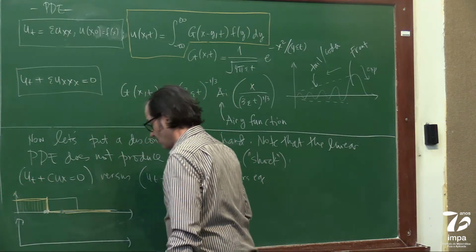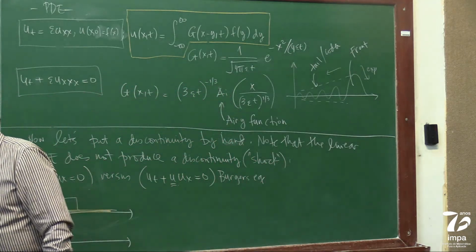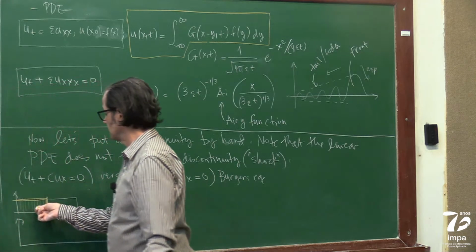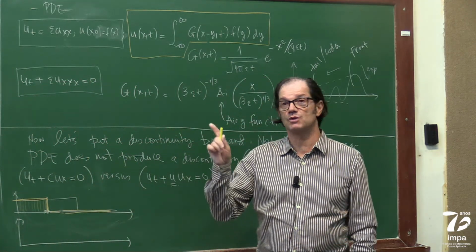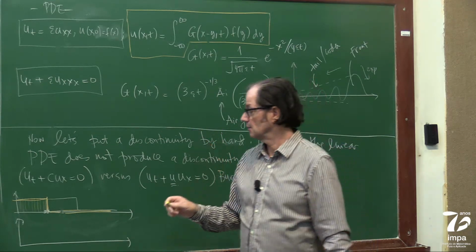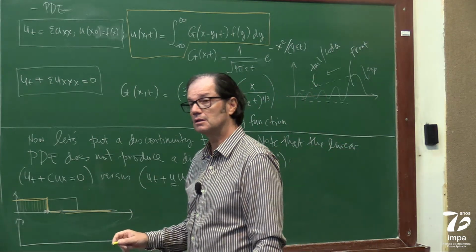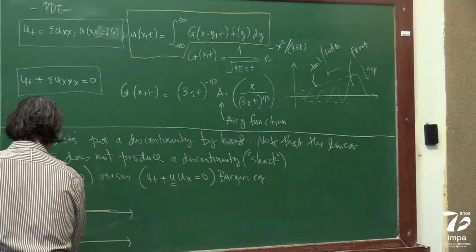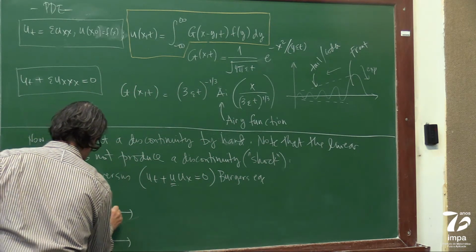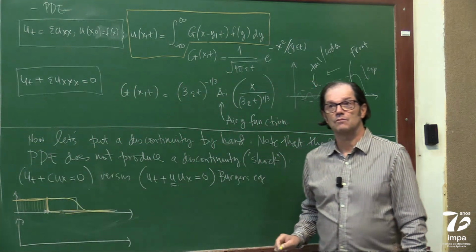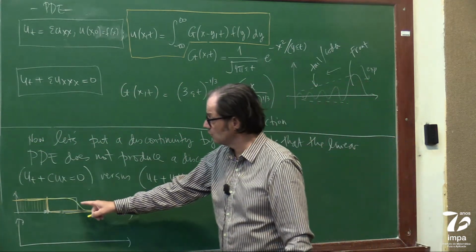And then if I am solving this problem, the orange is the initial condition. If I am solving this with upwind, right, I will see my solution doing this. Okay, so this is a regularization.